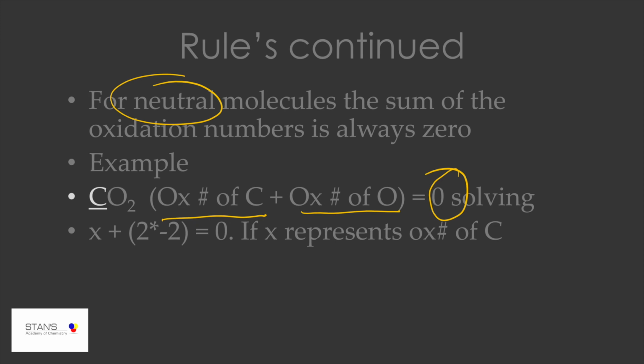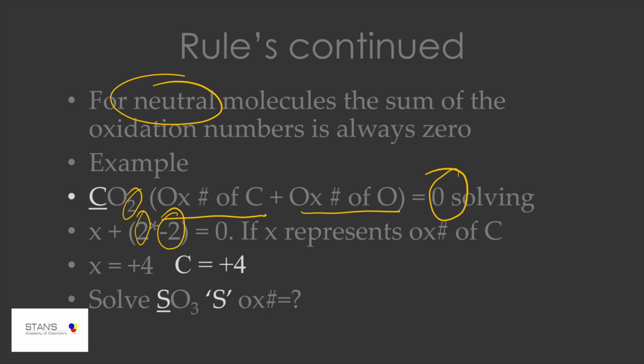There are 2 oxygens in carbon dioxide, that is this 2, multiplied by the oxidation number, which is -2. So we can say X minus 4 is equal to 0, and the value of X is going to be +4. So the oxidation number of carbon is +4 in carbon dioxide.